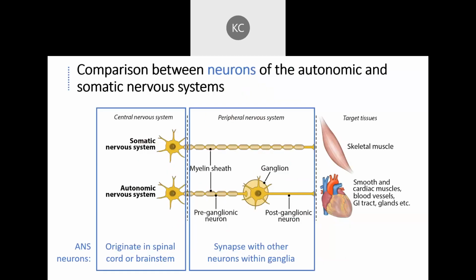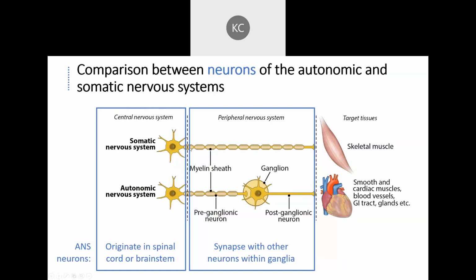When talking about their lower motor neurons, the somatic and the autonomic nervous systems differ in a couple of ways. One, they're both going to start in the central nervous system, so something like the spinal cord or brainstem. You have the cell bodies within that.